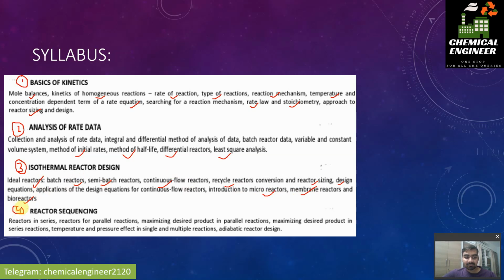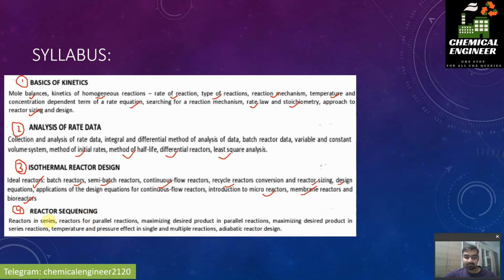And in the fourth chapter we will see about reactor sequencing. Like suppose we are doing a process. In that process we have complex chemical reactions. So for that we will require more than one type of reactor. So how to sequence a reactor, or how to give a sequence to a reactor for the better yield.